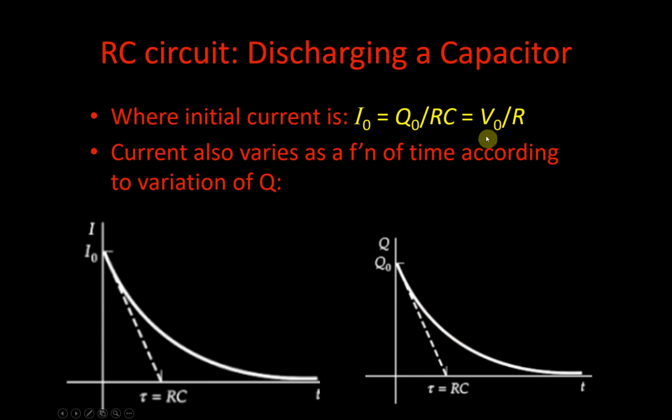I is V over R, is also Q over T, which is Q over RC. That means as charge diminishes, current will start out high and also diminish by the same relationship.